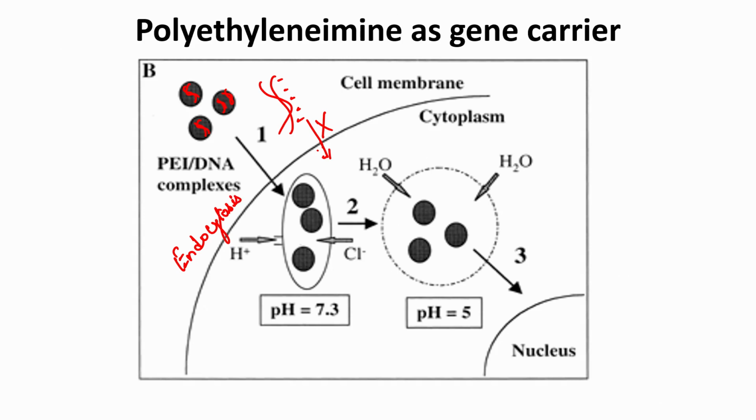And once it goes there, as the pH starts to drop to 5, this is going to keep on absorbing more and more H plus, causing more and more ions to go in, increasing the osmotic pressure, and eventually it is going to burst.